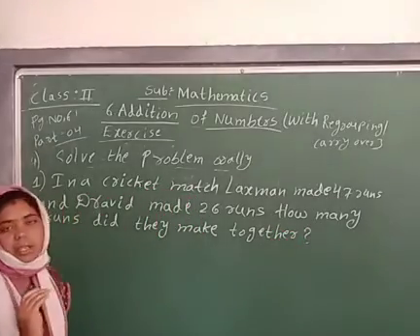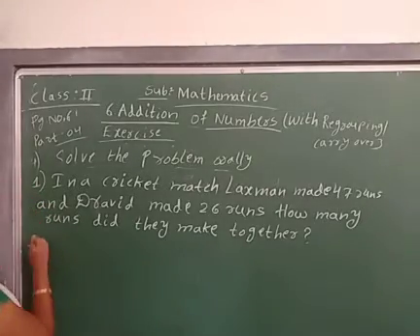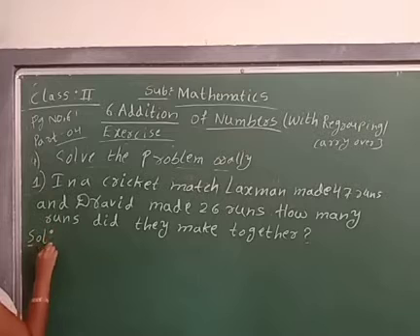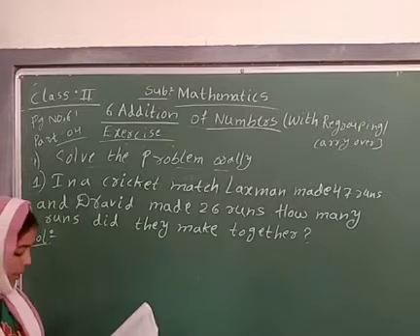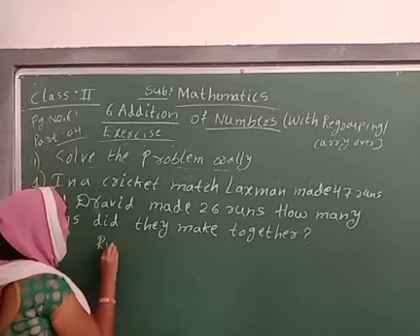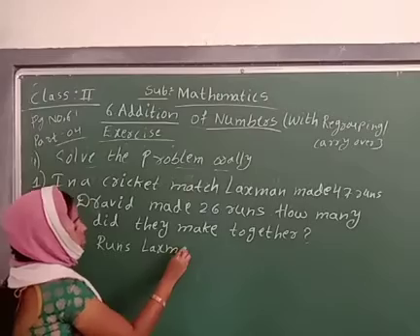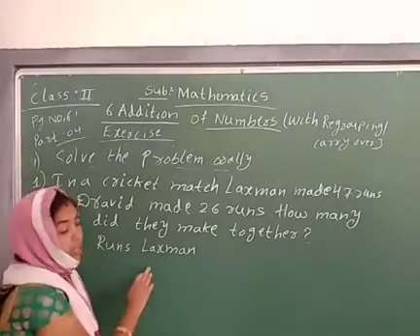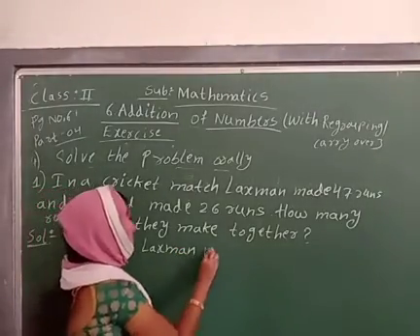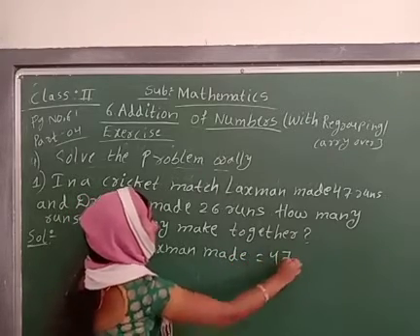So here Lakshman's runs are given and Dravid's runs are also given. So how many runs are there in total? Write: Runs Lakshman made. Write the first letter as a capital letter only. 47 runs.